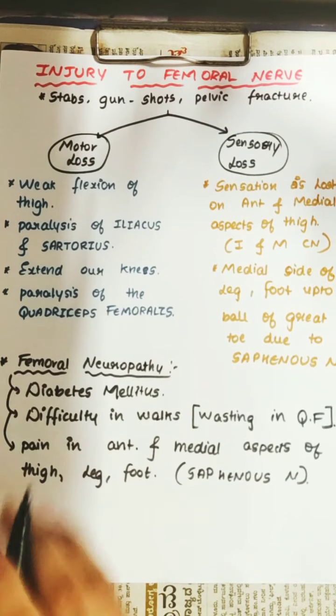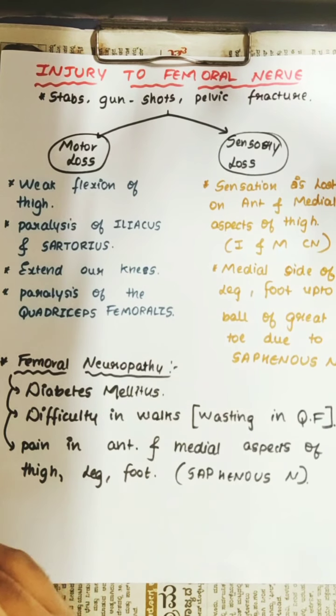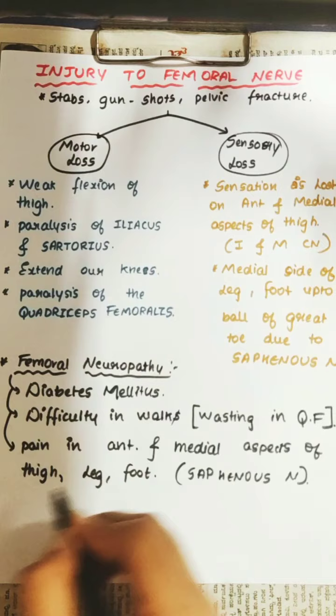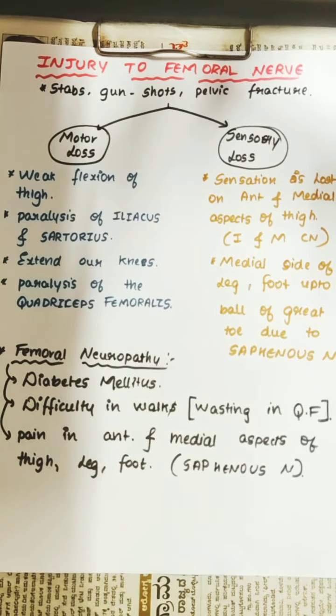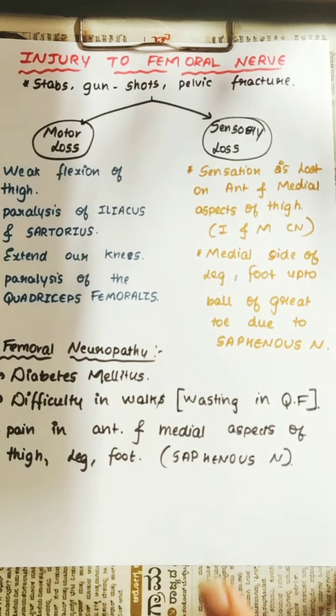Femoral neuropathy might cause various conditions: diabetes mellitus, difficulty in walking due to wasting of the quadriceps femoris muscle, and pain in the thigh, leg, foot due to the saphenous nerve.